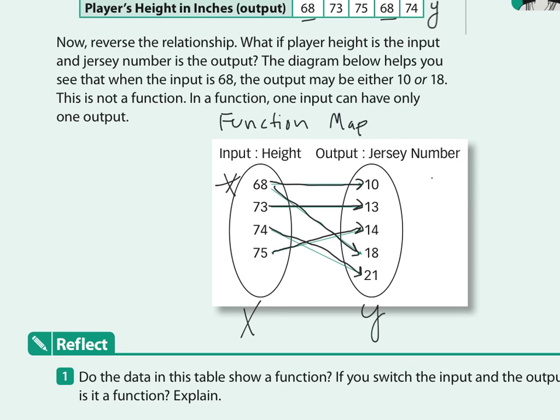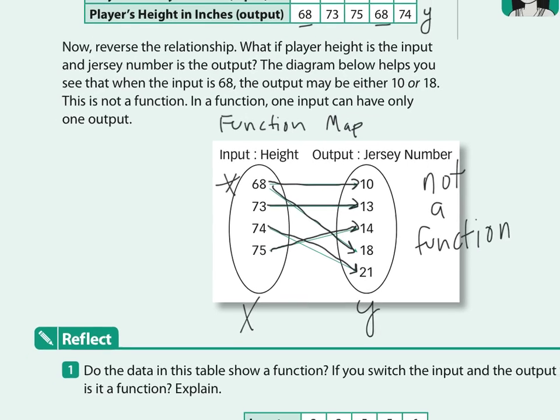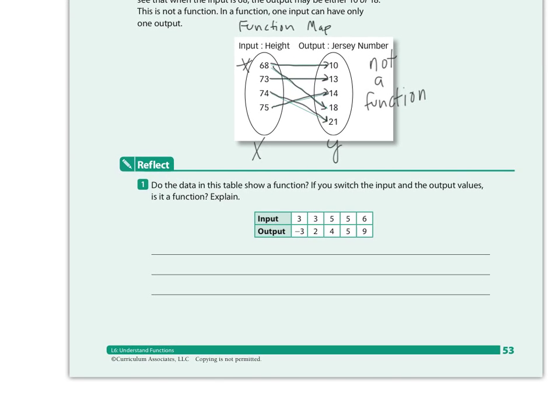So this relationship is clearly not a function because 68 is messing that up. The other three inputs, 73, 74, 75, were all okay. But because we see this map where 68 is going to two different numbers, that is not okay.